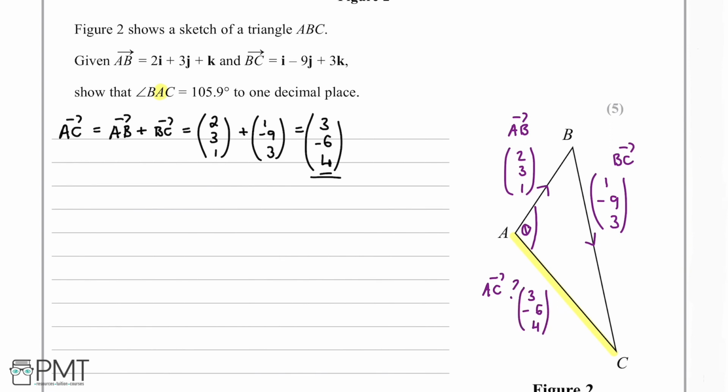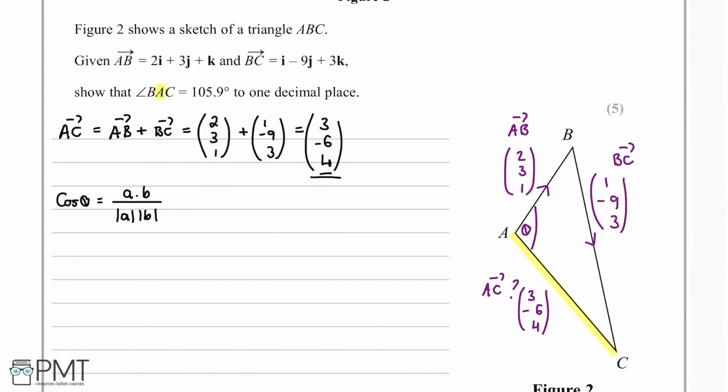Our next step is to think of a formula that connects angles and vectors. The formula is as follows: cos theta is equal to the dot product of a and b, divided by the magnitude of a multiplied by the magnitude of b. In our case, vector a is AB and vector b is AC.